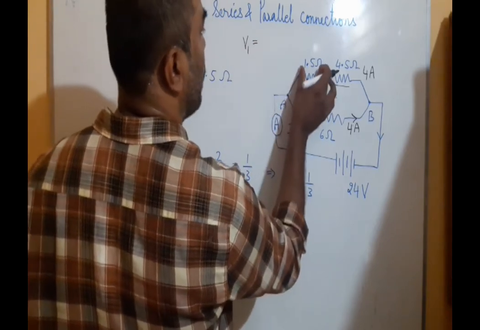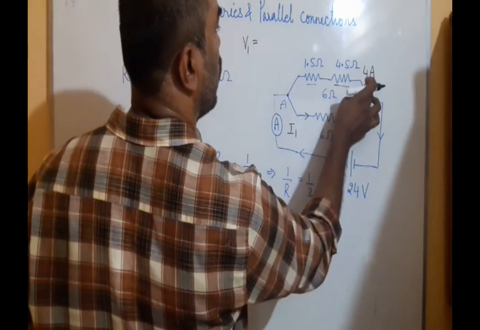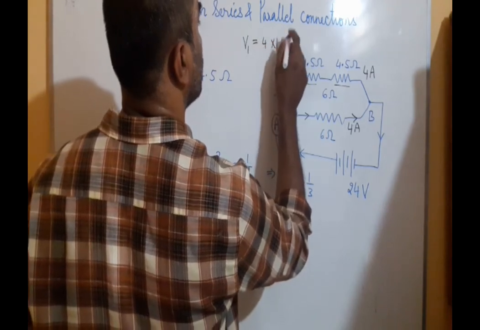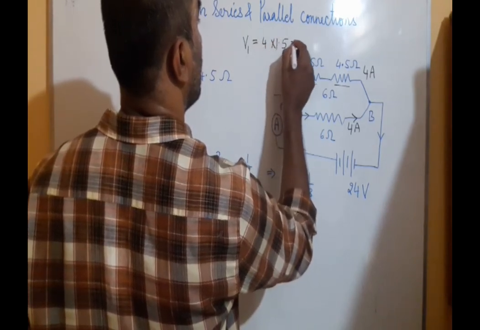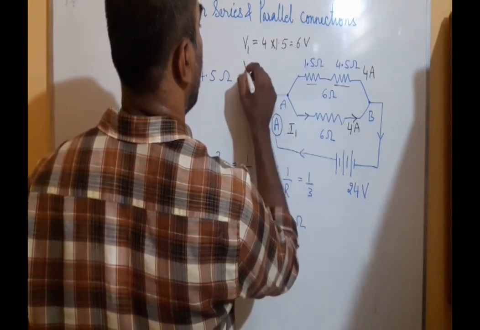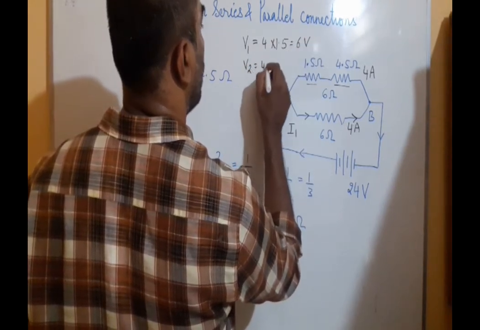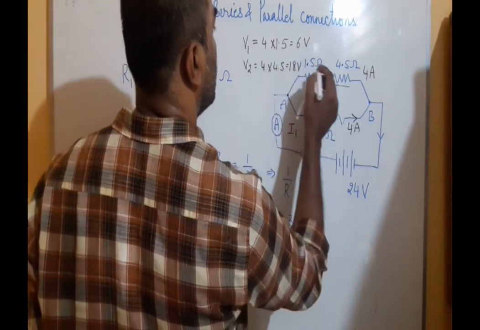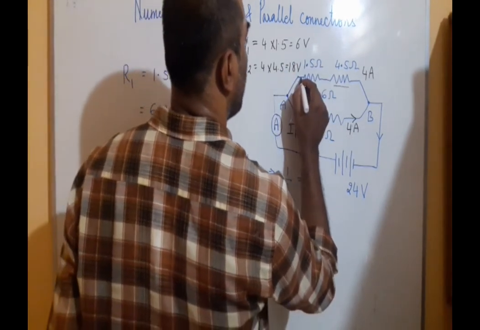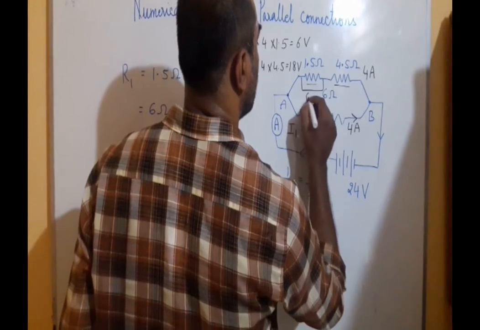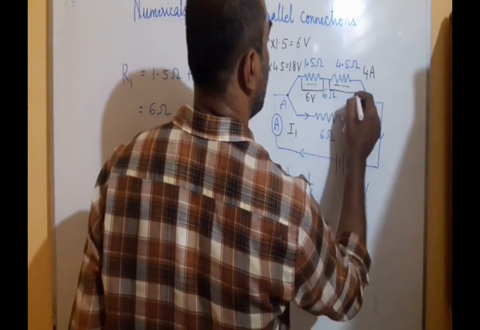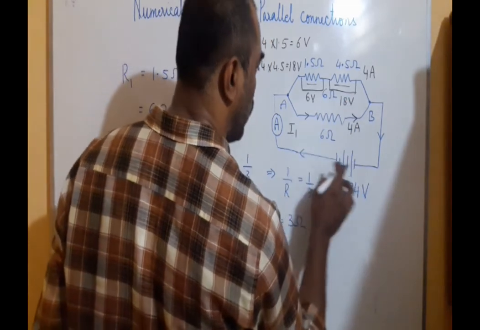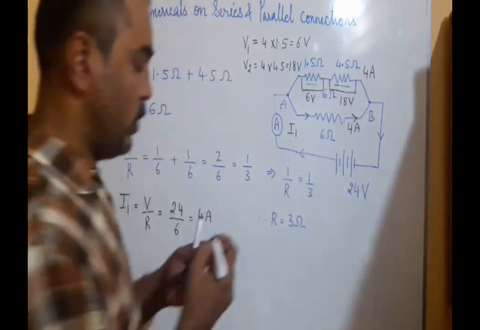So V1 across here will be 4 into 1.5 equal to 6 volt, and V2 equal to 4 into 4.5 equal to 18 volt. So the potential difference across this resistor is 6 volt and across this is 18 volt. 18 plus 6 is 24, which is the voltage across here.